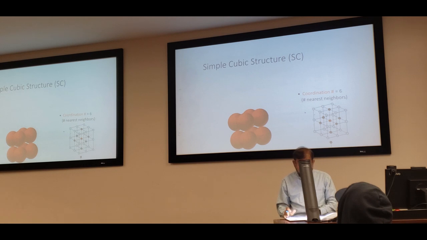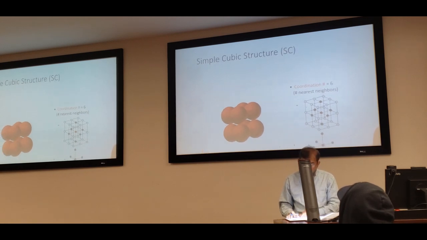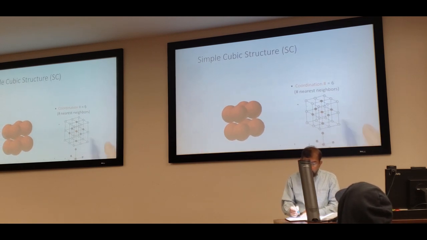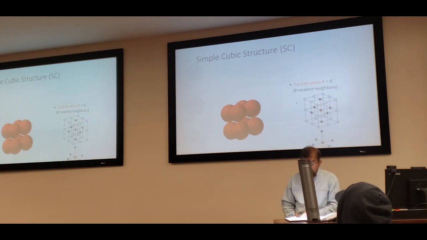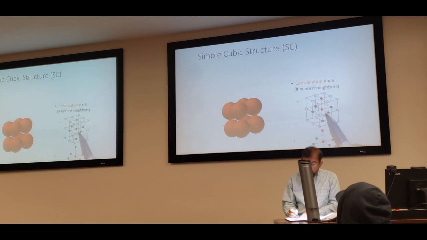So here, a simple cubic structure, there is something called the coordination number, which is nothing but the number of nearest neighbors.